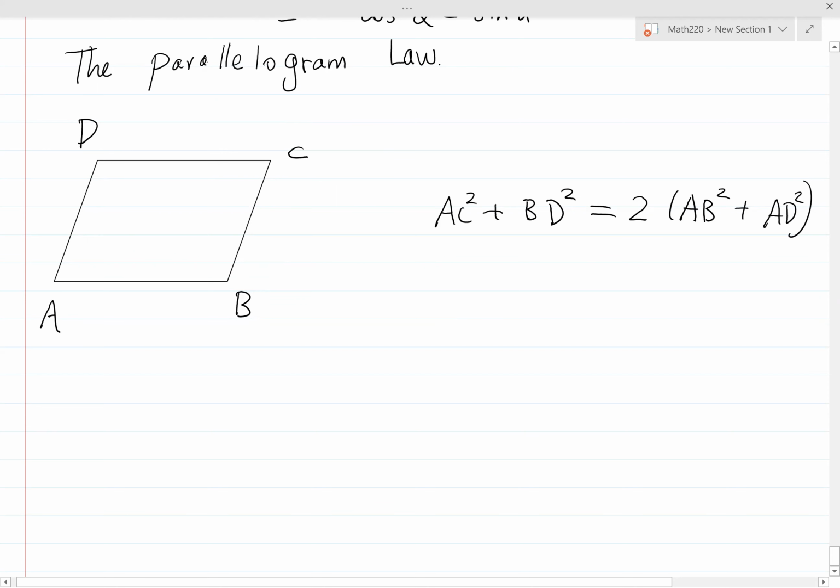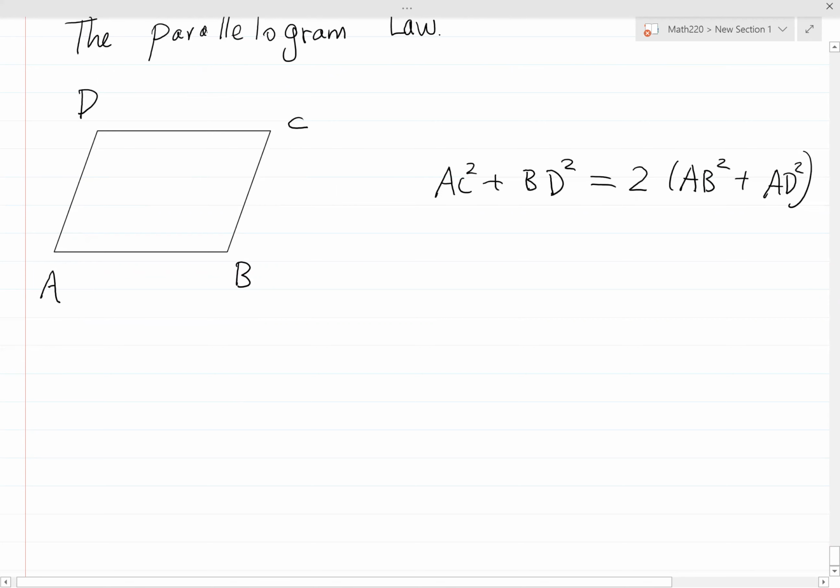Okay, we prove this using vectors. So we have the parallelogram law for additions. The vector AC is AB plus BC.